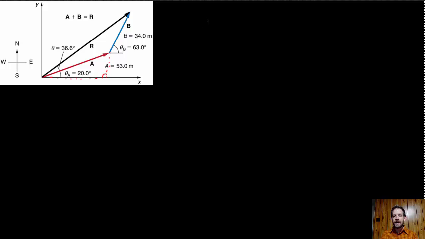So in order to find the X part of A, we'll label this as A sub X. What you do is you take A, the length of A, which is given to us as 53 meters, and you multiply that times the cosine of the angle at A. So theta sub A is what we're going to use for that.